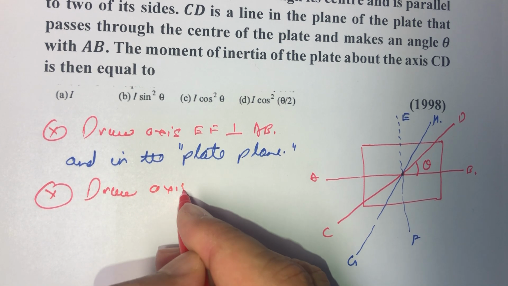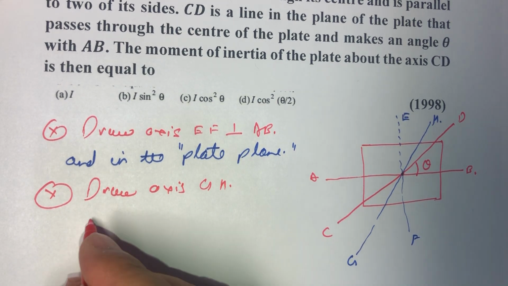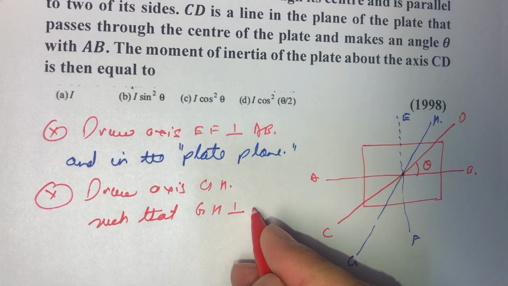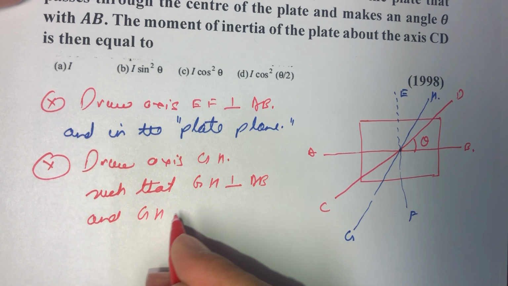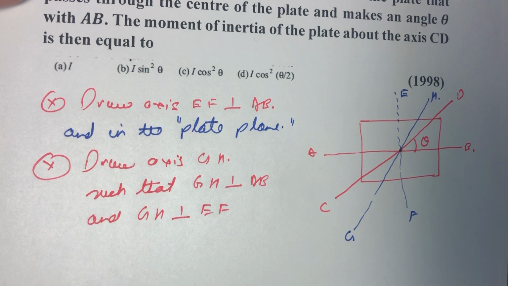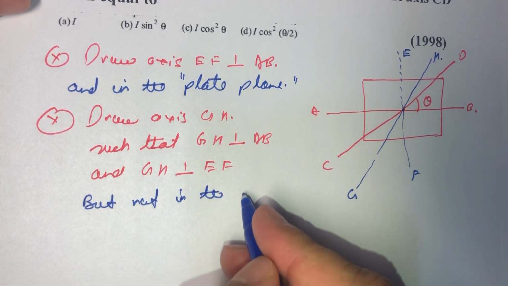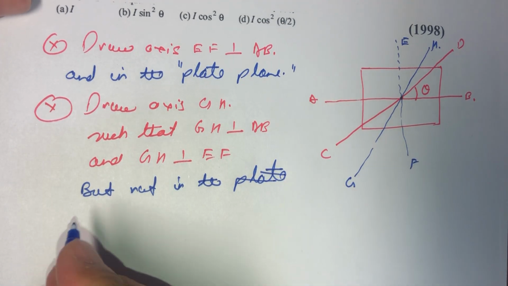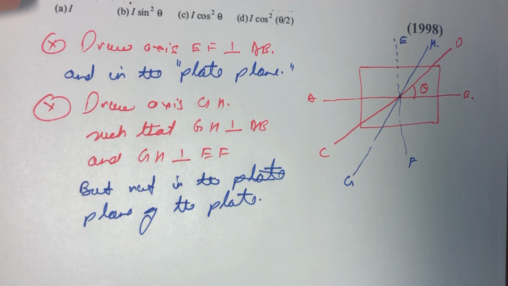Draw axis GH such that GH is perpendicular to AB and GH is also perpendicular to EF, but not in the plane of the plate.